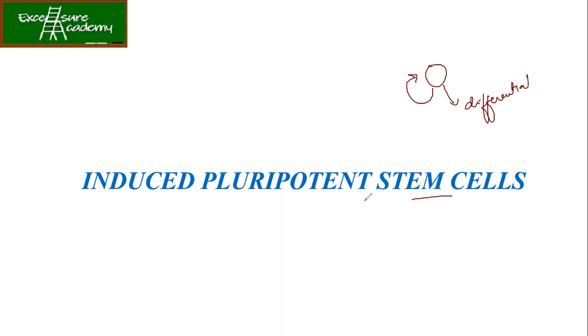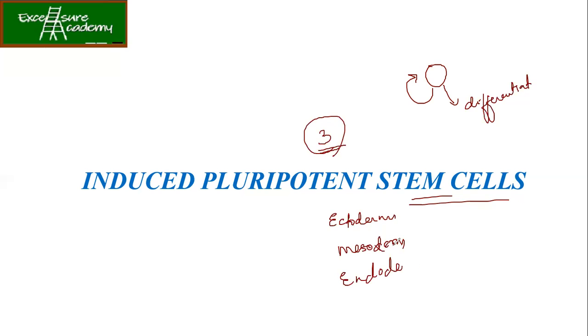Now in the case of pluripotent stem cells, of course it can self-renew and it will develop into three groups which can give rise to the differentiated cells. Now what are these three? Those three are nothing but your ectoderm, first group, mesoderm, and then your endoderm, right? So ectoderm will give rise to your skin and the nervous system.